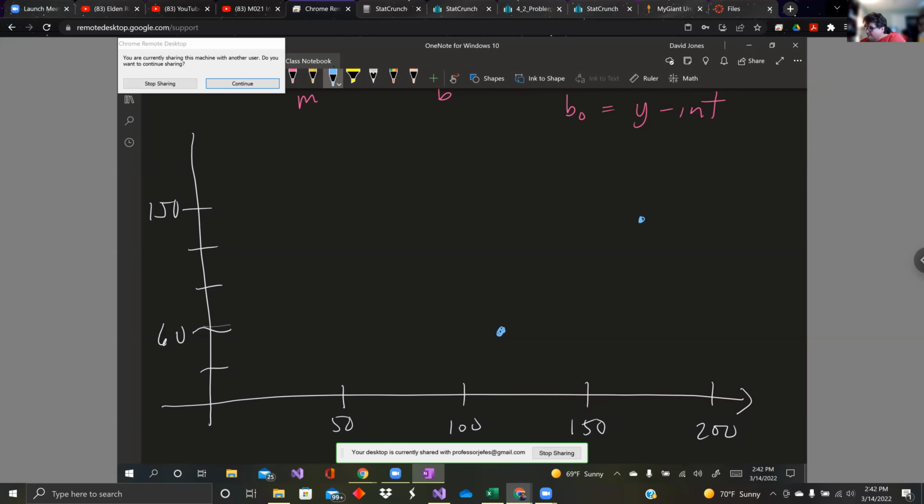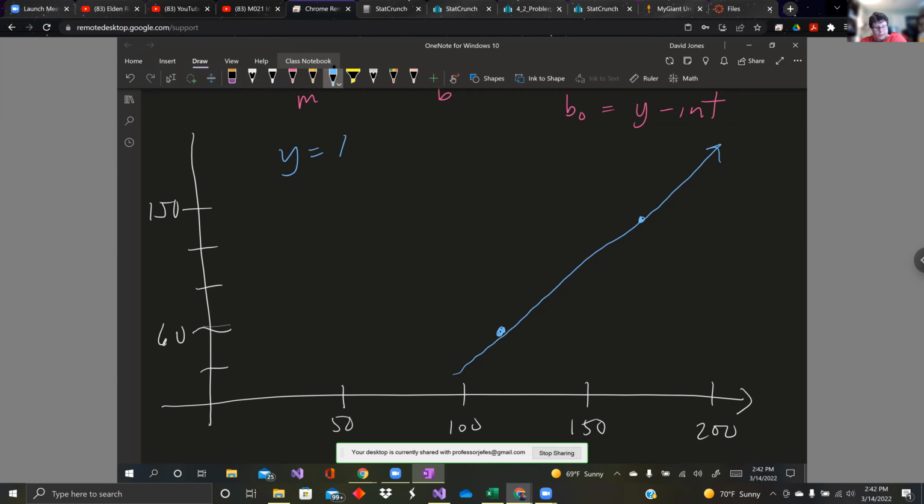And this was the best fit line that they had. This was my 1.69x minus 142.47.